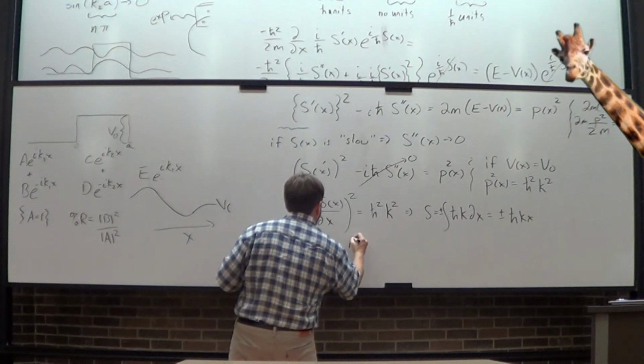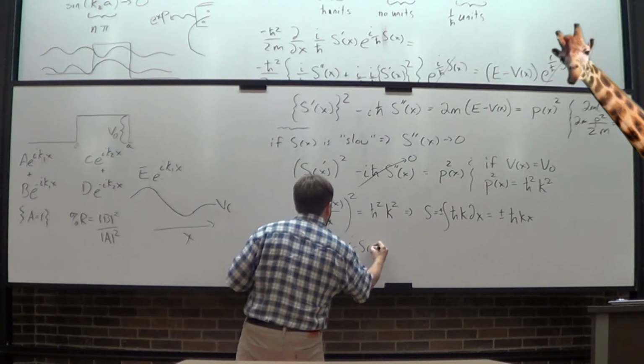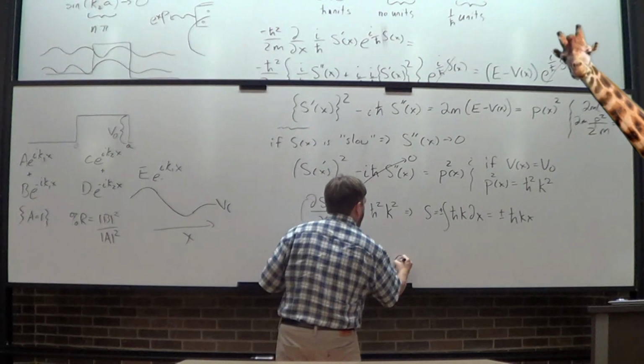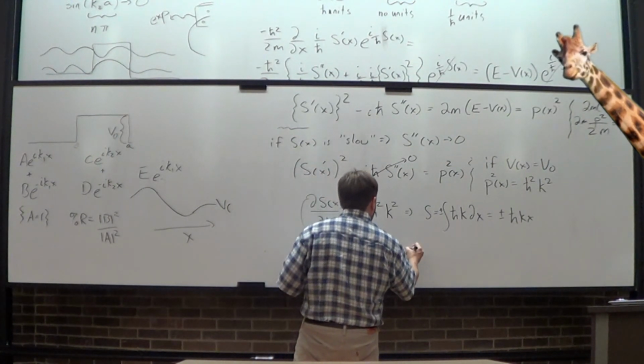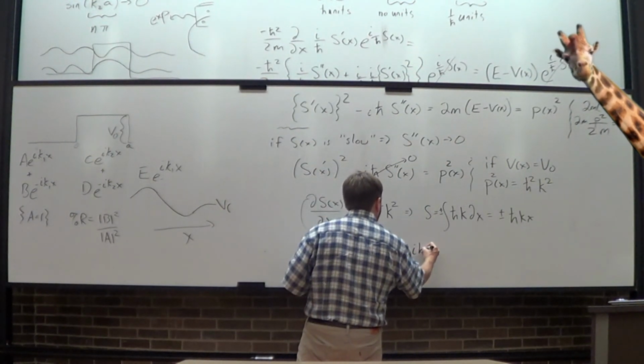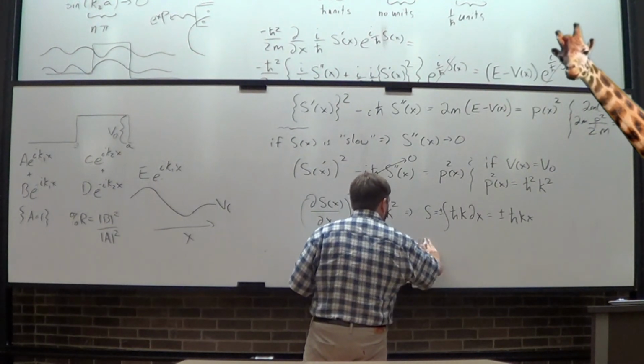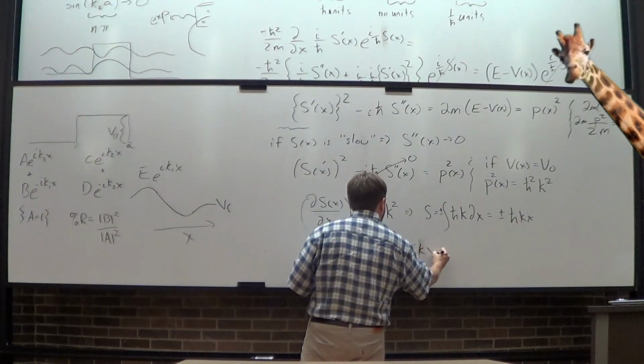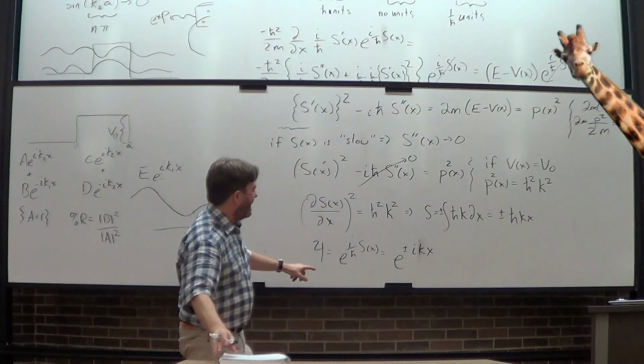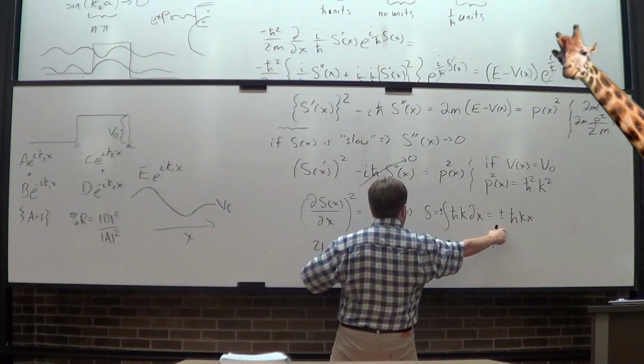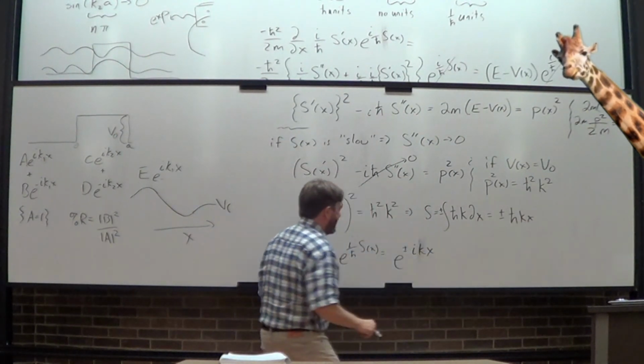And the wave function, sorry, I just realized what time it is. E to the plus or minus ikx, right? The h bars cancel, and then I'm just looking at ikx.